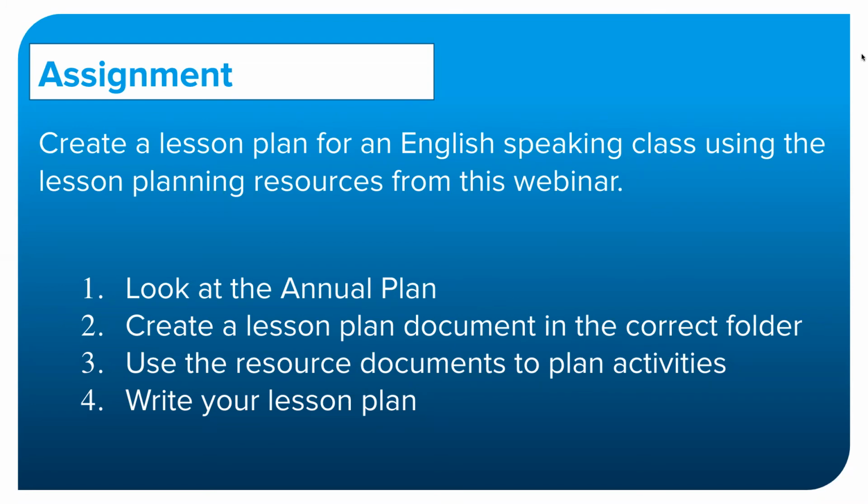The annual plan is the skeleton of your lesson plans, and using that you can create a lesson plan document in whichever folder is relevant to you, whether it's class 3, 4, 5, 6 or 7, and using the resource documents to look for and plan activities that are relevant to your class. Then write up your lesson plan, and I'm happy to provide feedback on those.